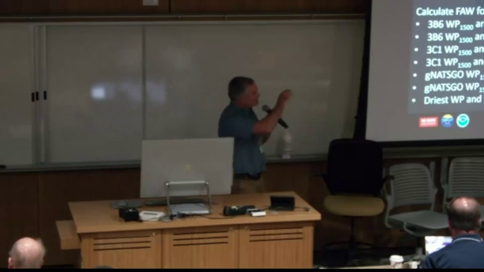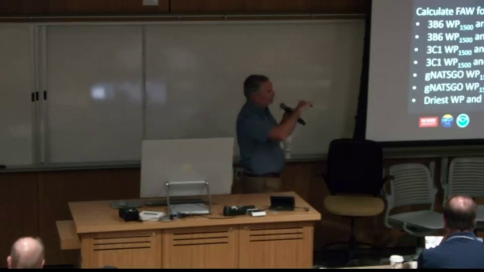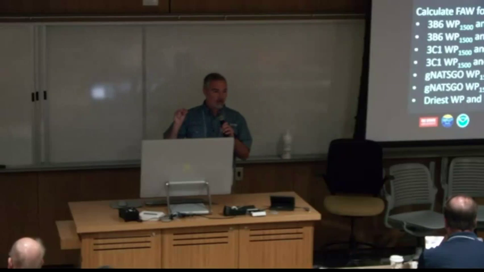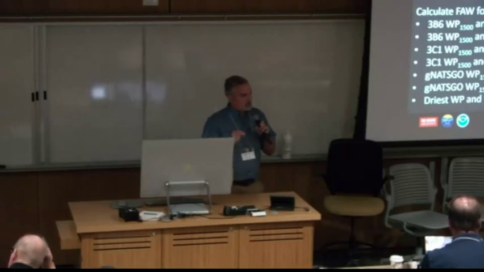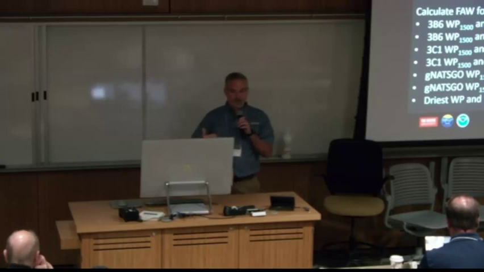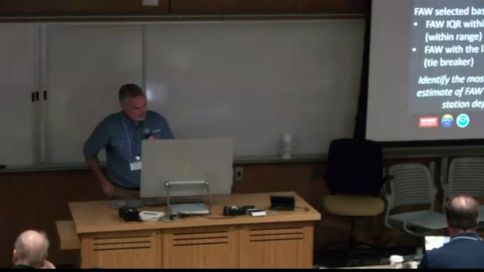So we're going to be analyzing all these different ways to compute fractional available water to evaluate wilting point and field capacity. We have two questions. How much better is PET-on compared to GNATSCO, presuming one's better than the other? And is the 10th bar preferred, or is it a better match to our station time series than 33rd bar? Those are some of the things we want to explore.